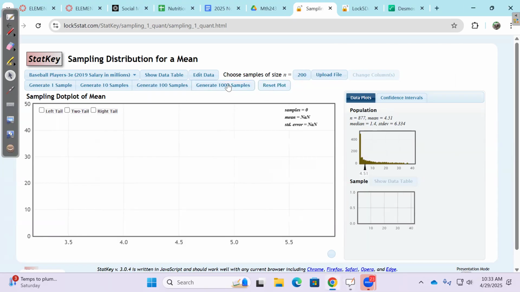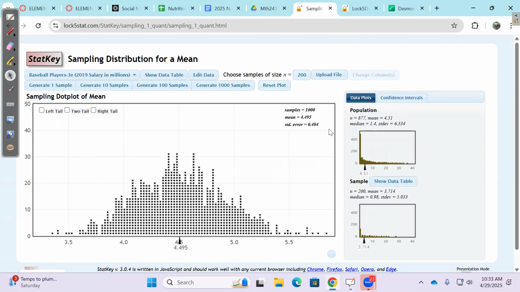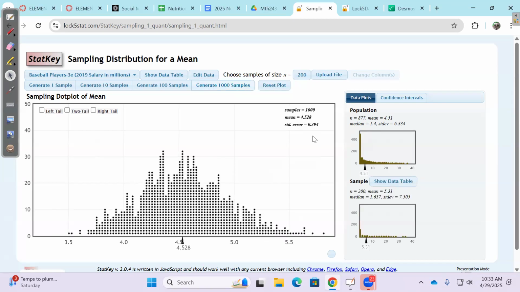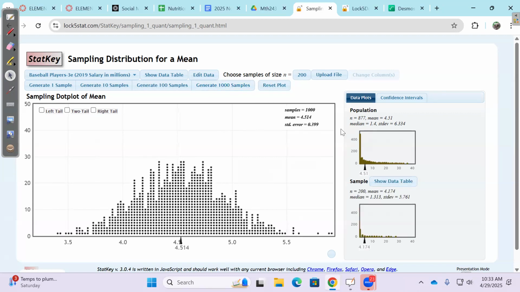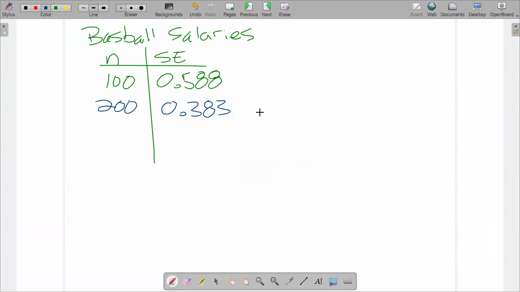Reset, keep the size at 200, 1,000 samples: 0.404, a little higher. Reset 1,000: 0.394. Reset another 1,000: 0.399. Okay, so the 0.383 is a little low, so maybe I'll up that one based on the other ones and say it's more like 0.390-ish.